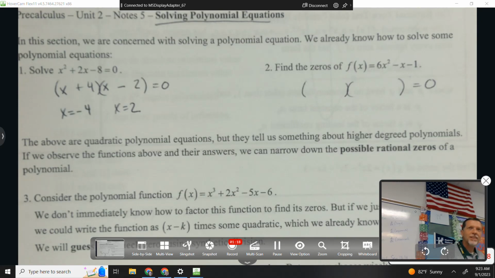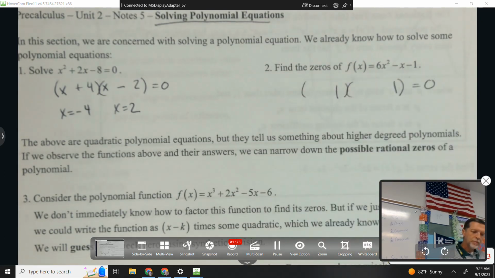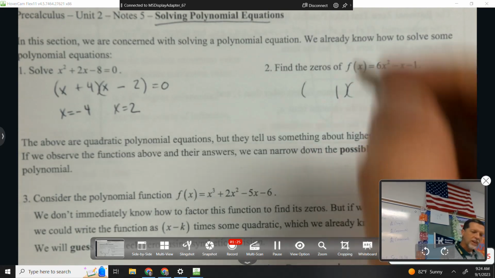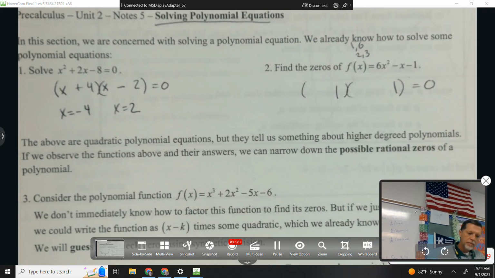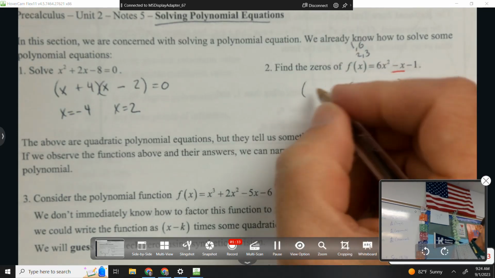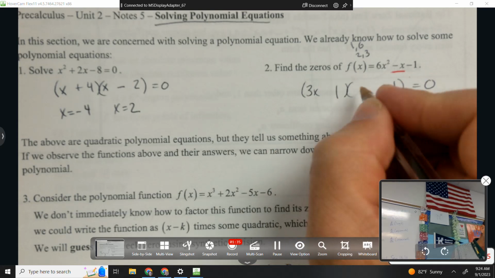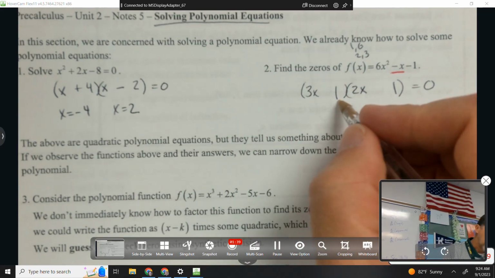So factors of 1, that's easy. That's got to be 1 and 1. And then factors of 6, well, it could be 1 and 6, or it could be 2 and 3. But if I want minus 1 in the middle, then it seems like 3 and 2 would be my best shot at getting there. And then, oh, the double smiley face.